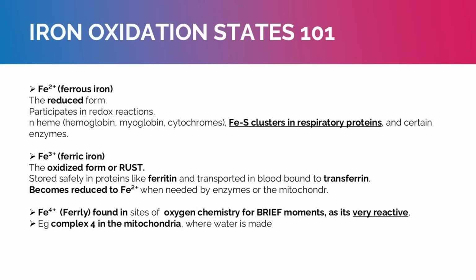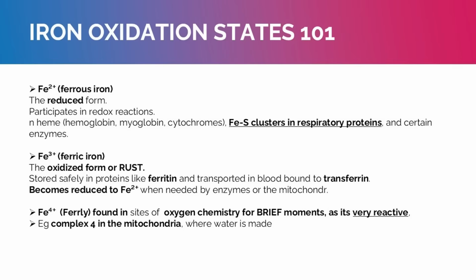And then the iron 3, or the ferric iron, that's the oxidized form, or just in simple language, rust. And this form needs to be safely transported around the body so it can't be overreactive. So this is where storage iron molecules like ferritin or transferrin are important because they can change the states of iron, or they're able to cage iron.